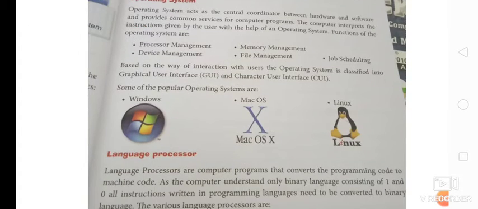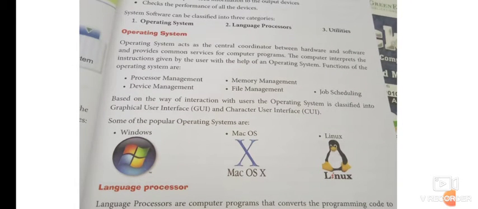So the operating system is the central coordinator, or we can say it is an interface between the hardware and the user, and it provides common services for computer programs.